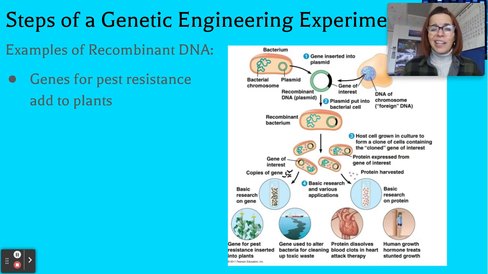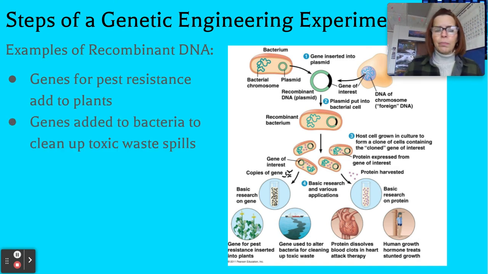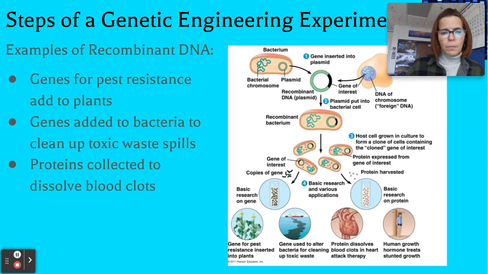All right, so examples of recombinant DNA that we have in our society now. Scientists are figuring out ways to add genes for pest resistance to plants, so that when farmers are growing plants, they're less likely to be eaten by certain organisms that can kill the plants. Genes have been added to bacteria to clean up toxic waste spills.